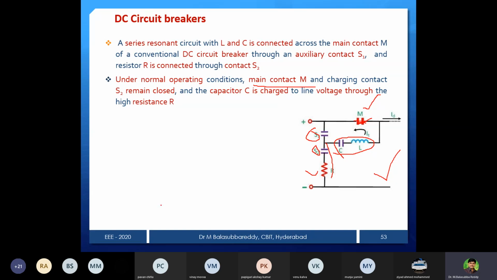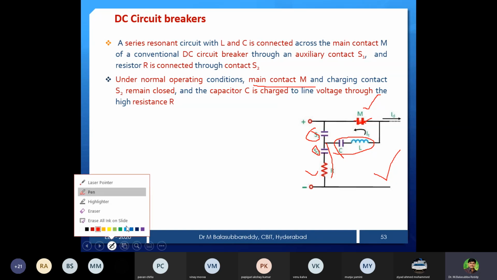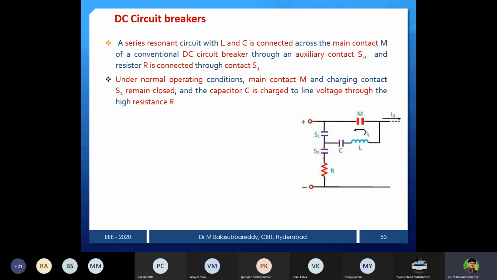What will happen? S2 remains closed, so that means this one will be closed. Once this is closed, what will happen? Anybody? This is going to be charged through this path. So now we can see this is going to be charged.